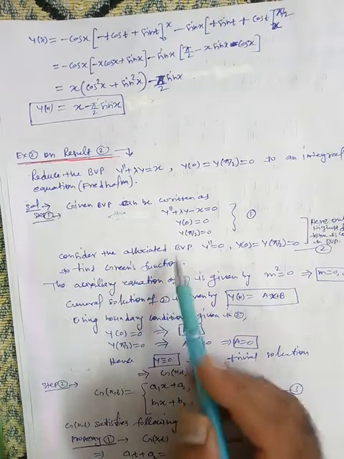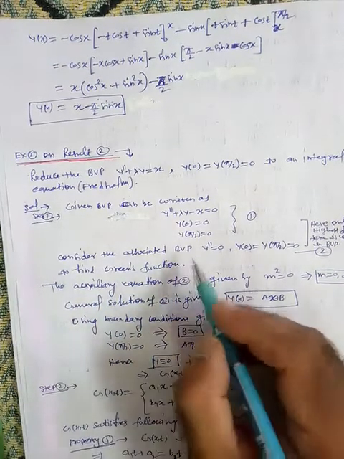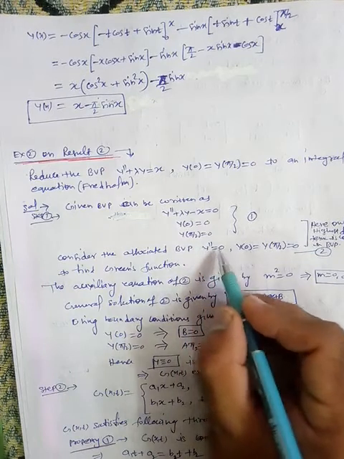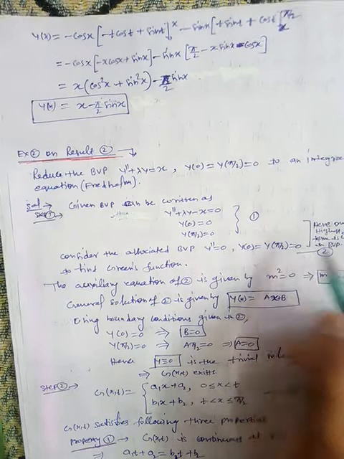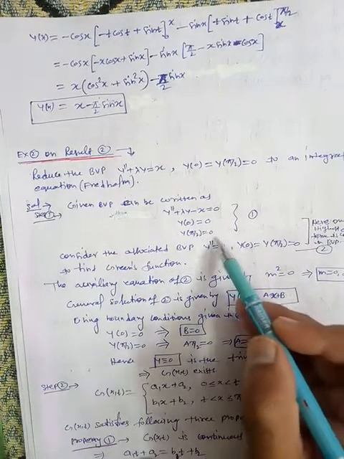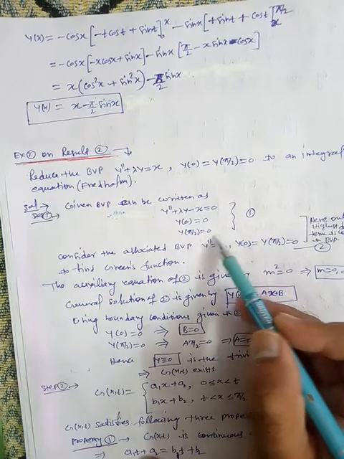So consider the associated boundary value problem. Now if you compare here, you will see that we have taken y'' = 0, y(0) = 0, y(pi/2) = 0.